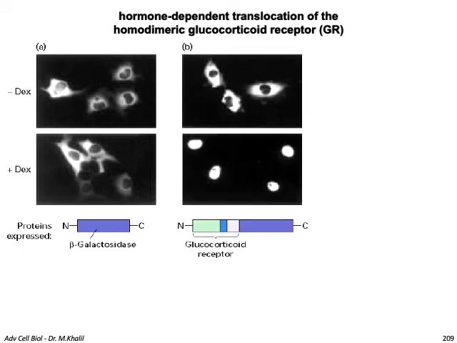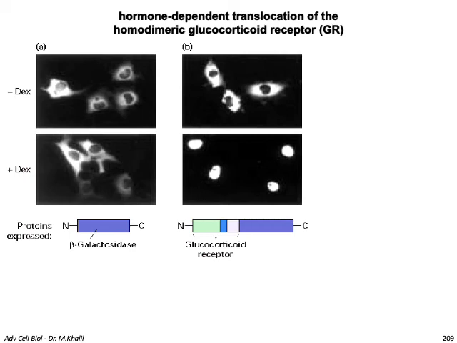Now, if this beta-galactosidase is fused to the glucocorticoid receptor, which, as we said, is a homodimer, then in the inactive state, with no ligand, it will stay in the cytoplasm. You can see in the first figure, when there is no DEX, no ligand, this protein bound to beta-galactosidase, which we said is a marker, has the brighter color in the cytoplasm.